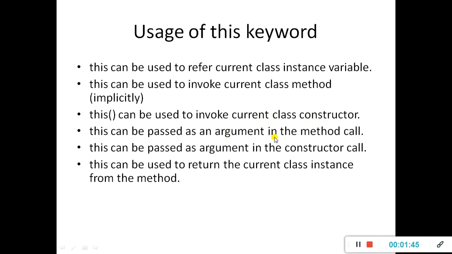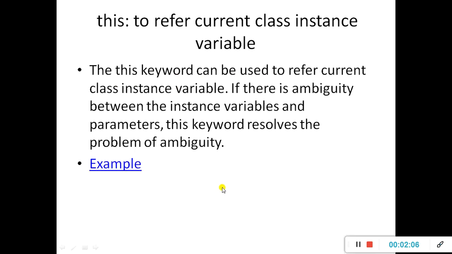It can be passed as an argument in the method call. It can be passed as argument in the constructor call, and it can be used to return the current class instance from the method. So these are the various places where we can use the this keyword. So I'm going to highlight with some few examples the few of these where we are using this keyword.